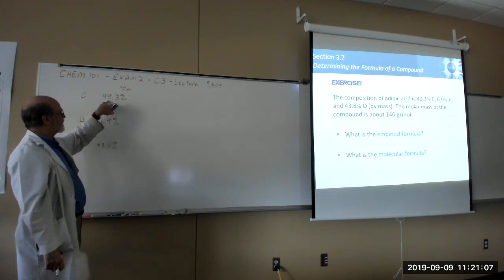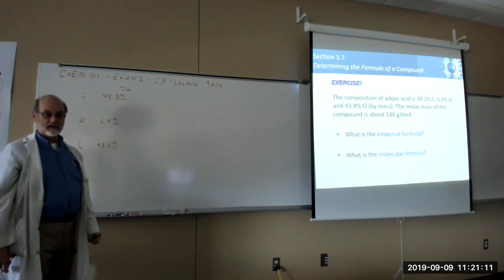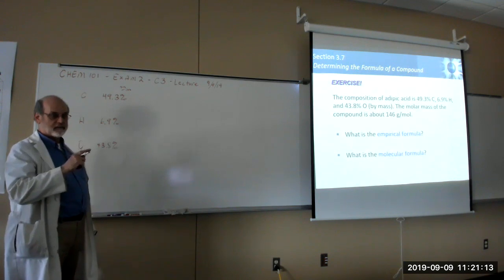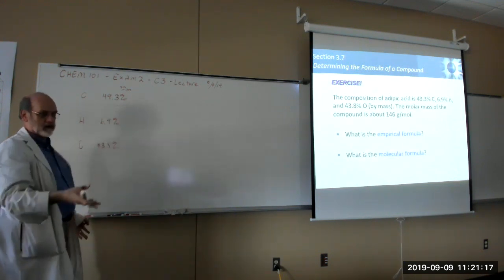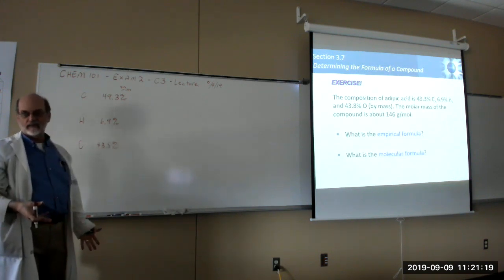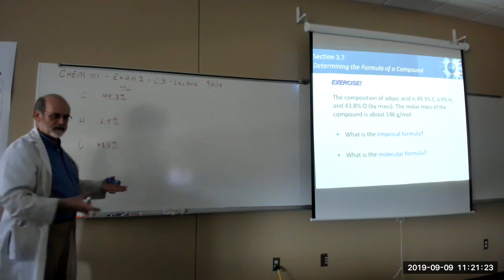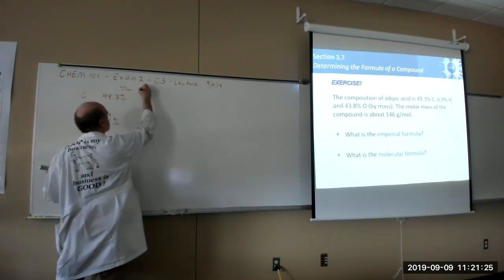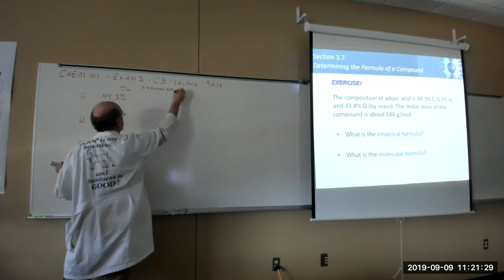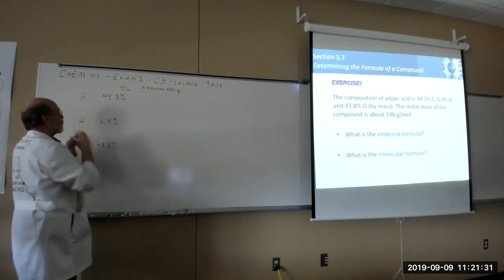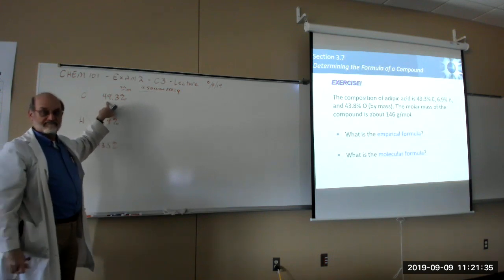So it's that many grams per 100 grams of sample. So there's the clue. Let's assume that we have 100 grams of sample. You could actually assume any number, but 100 seems to be logical. Because if you have 100 grams of sample, then you know that you've got 49.3 grams of carbon, right?